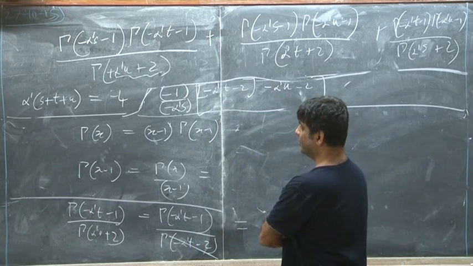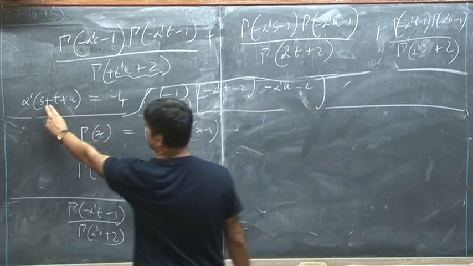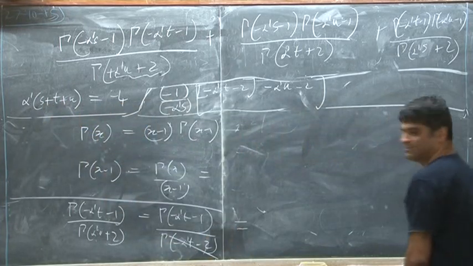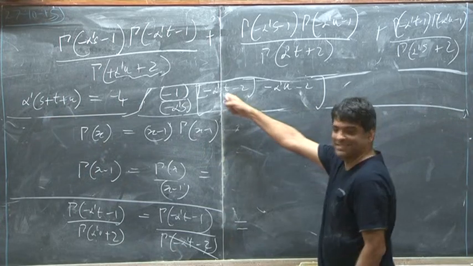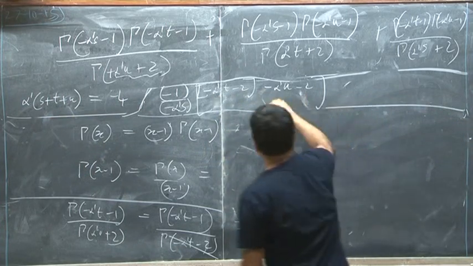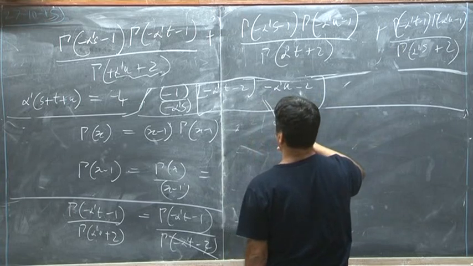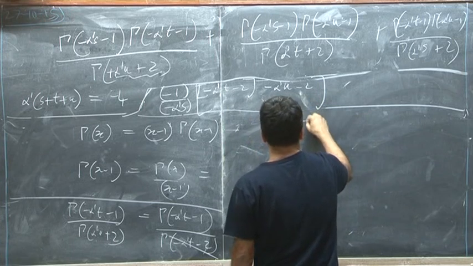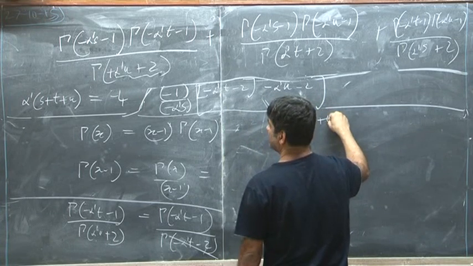But we have the equation s is equal to 0, and therefore alpha prime (t plus u) is equal to -4. So this vanishes. This is equal to alpha prime over minus alpha prime (t plus u plus 4).